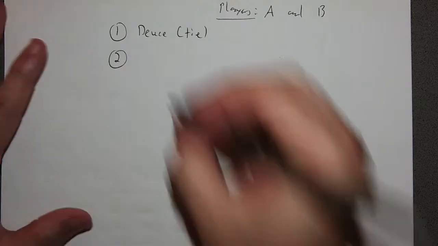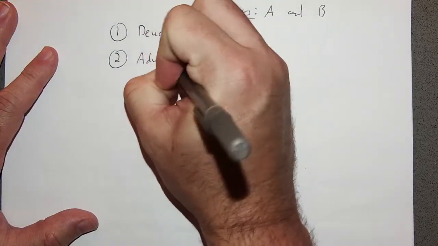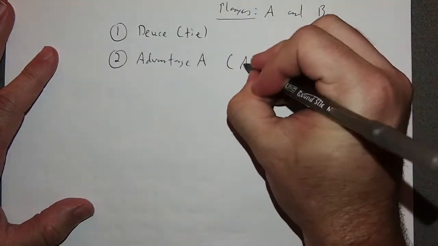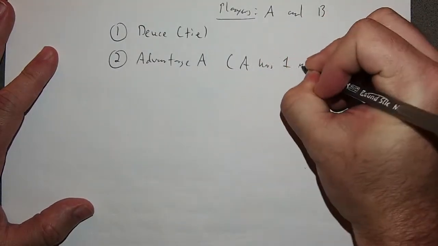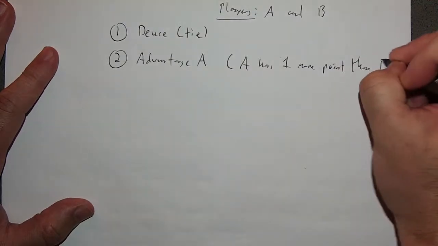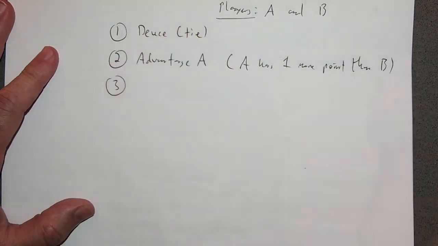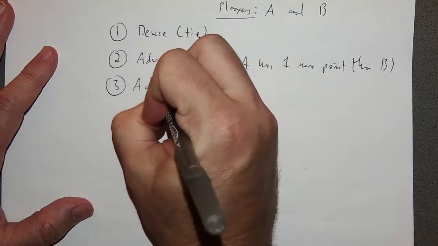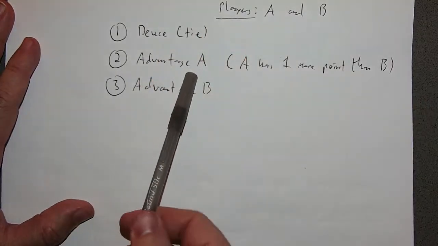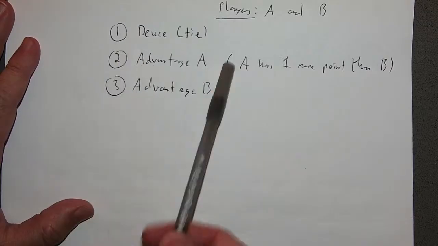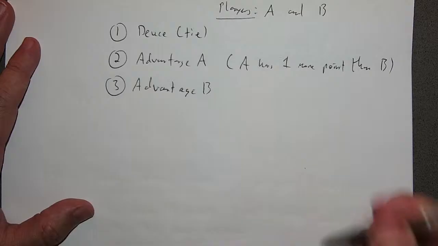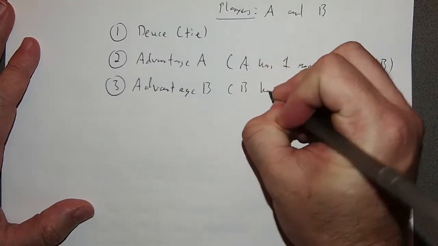State 2 is advantage A. This is A has 1 more point than B. Three is advantage B, right? Now, of course, State 2 is arrived at from State 1 by player A scoring next. State 3 is arrived at from State 1 by player B scoring next. So this is B has 1 more point than A.